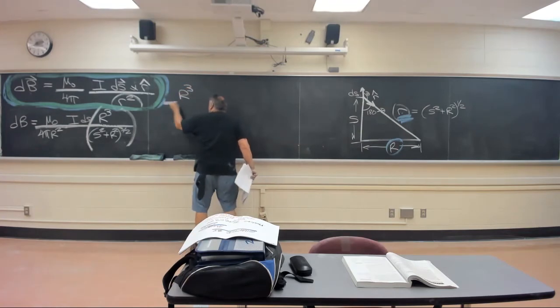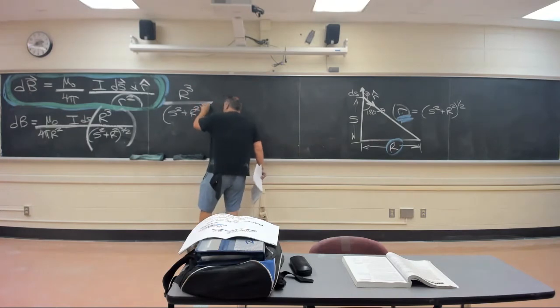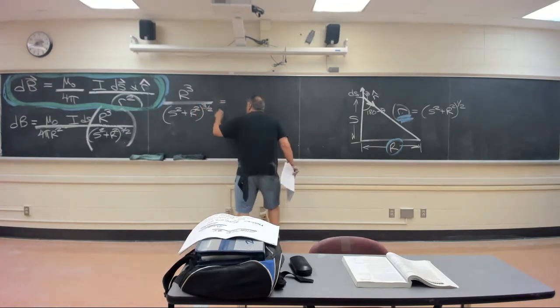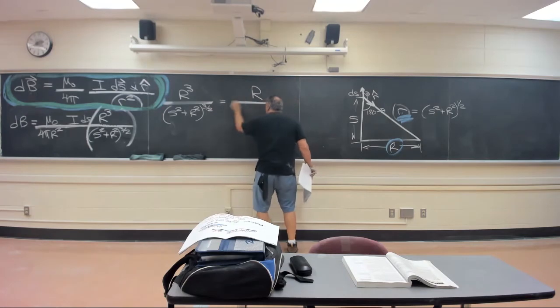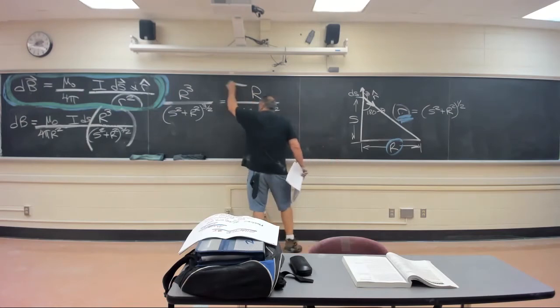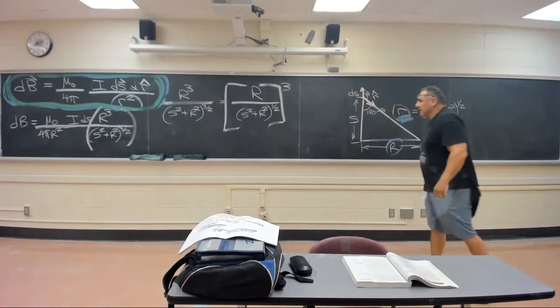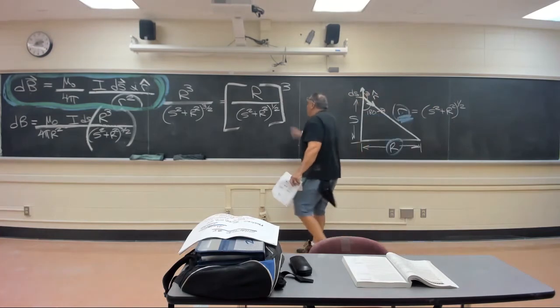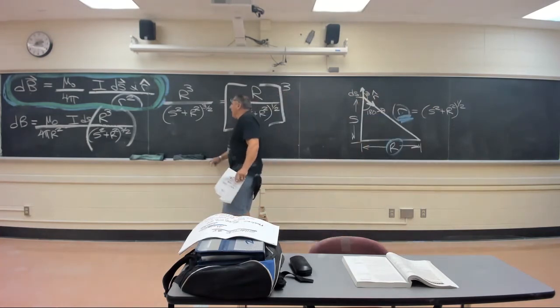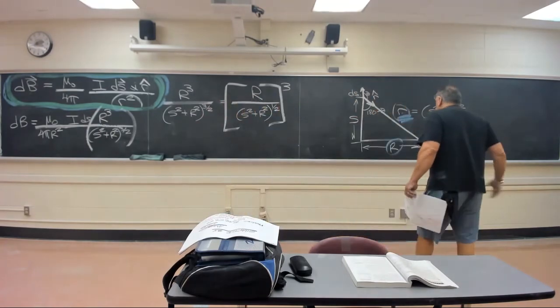Is r cubed over s squared plus r squared to the 3 halves the same as r over the quantity s squared plus r squared to the 1/2, the whole thing taken to the 3rd? Is that true? The exponentiation of a ratio is the ratio of the exponentiations. Yeah, it's true. I've got more of a question to ask.